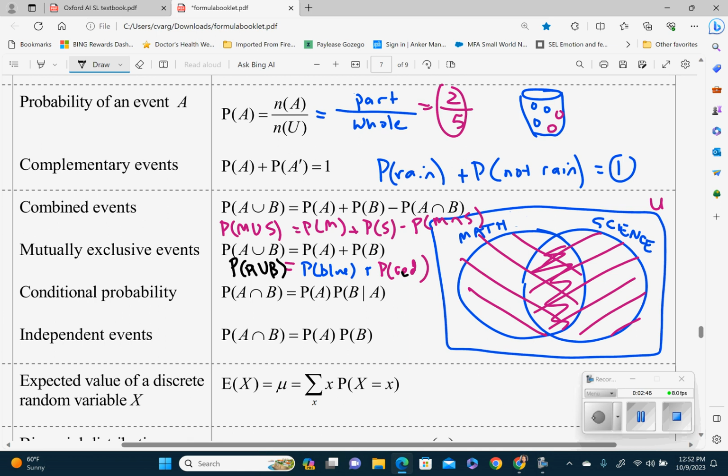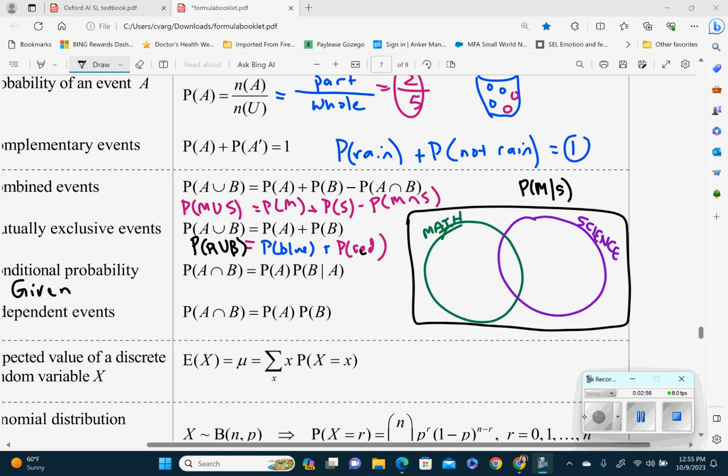All right. Conditional probability. We're going to talk a little bit about this, and this is anytime you see the word given. The best way I can say this is if I ask you for the probability that someone is taking math, given, this symbol right here means given, that they're taking science, what we want to do is look for the number of students that are taking both math and science, which is like this group right here.